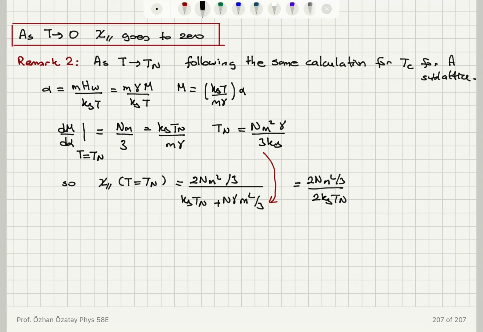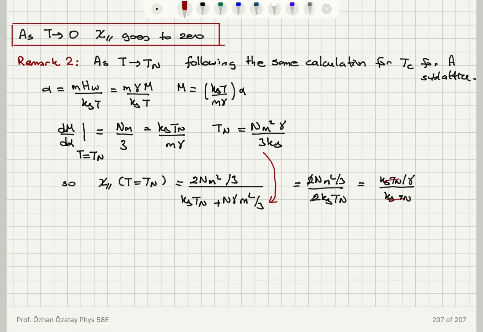And for Nm squared over 3, I can write 3 kBTn over gamma. So this is going to be equal to, the 2's cancel, Nm squared over 3 is 3 kBTn over gamma. And here I have kBTn. Oh, it's already 3, so it's kBTn over gamma.